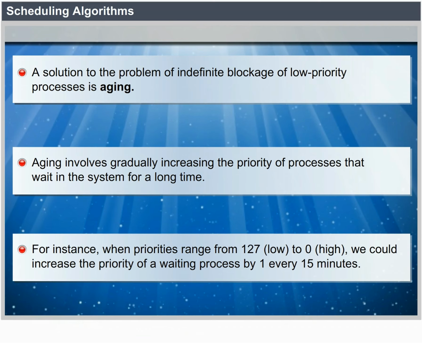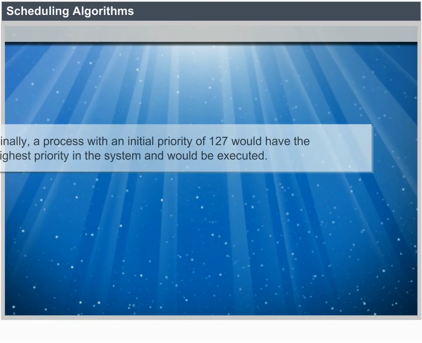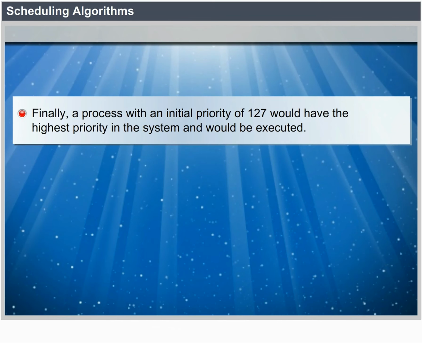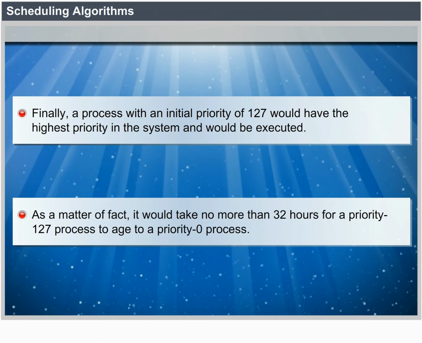Eventually, even a process with an initial priority of 127 would have the highest priority in the system and would be executed. In fact, it would take no more than 32 hours for a priority 127 process to age to a priority 0 process.